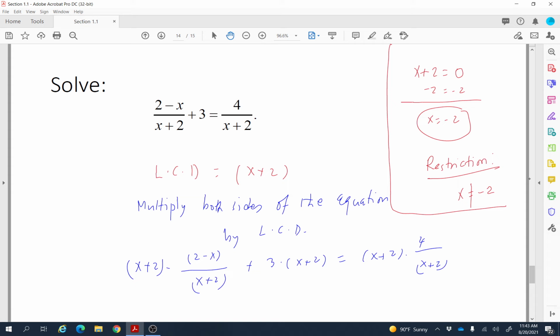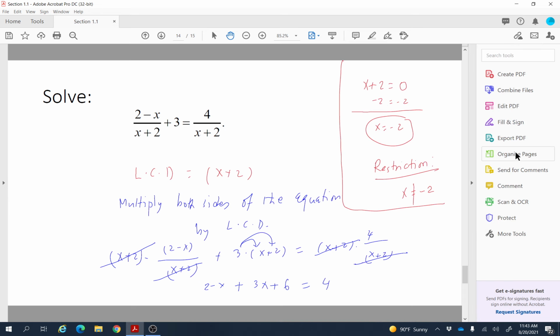If you do that, the x plus 2 in the numerator and denominator cancel out, and on the right side too. Now the equation becomes 2 minus x plus 3 times x plus 3 times 2 is 6. I'm just distributing this 3 here, and on the right side it is 4. So we need to solve this equation.